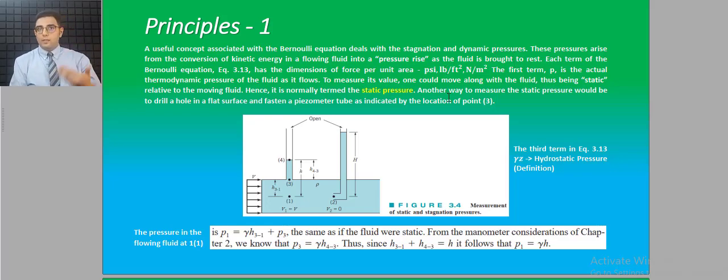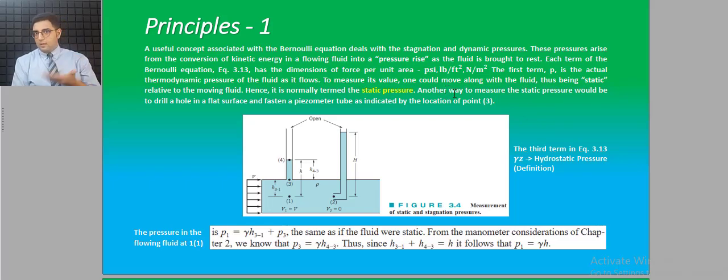Each term of the Bernoulli equation, as you know from the previous session, is termed as pressure, which is force per unit area. They could be described as PSI or Newton per square meter. The first term P in the Bernoulli equation is regarded as thermodynamic pressure and also the static pressure.